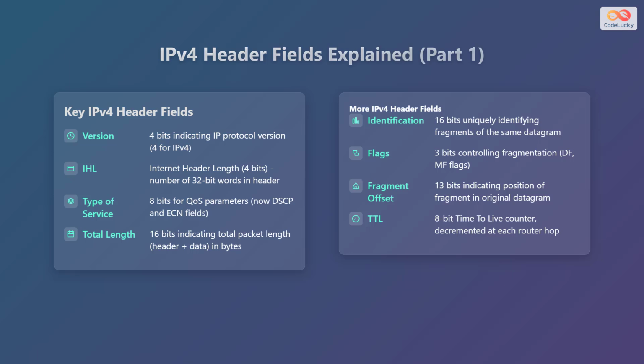Following that is the Type of Service field, which is 8 bits long. These bits are used for quality of service parameters, now referred to as differentiated services code point, and explicit congestion notification fields. Lastly, the total length field is 16 bits long and signifies the total length of the packet, including both the header and the data, in bytes.